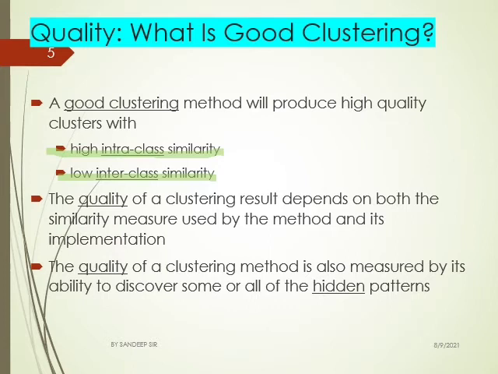Besides this, it also depends on what kind of measurement we are taking and what kind of methods we are using, and the real-time application or implementation part is also important. It depends on a case-to-case basis. The quality of a clustering method is also measured by its ability to discover some or all of the hidden patterns.